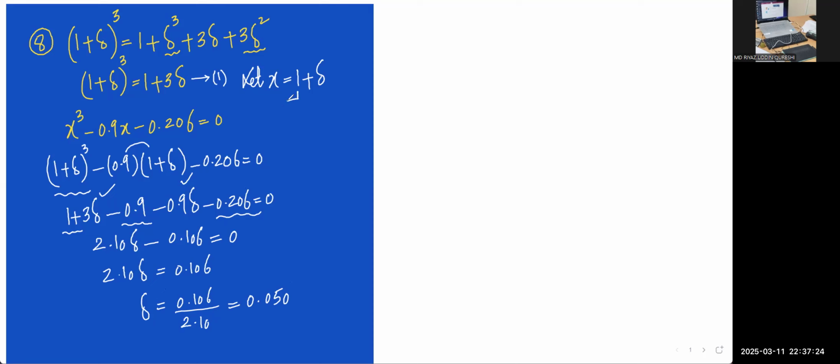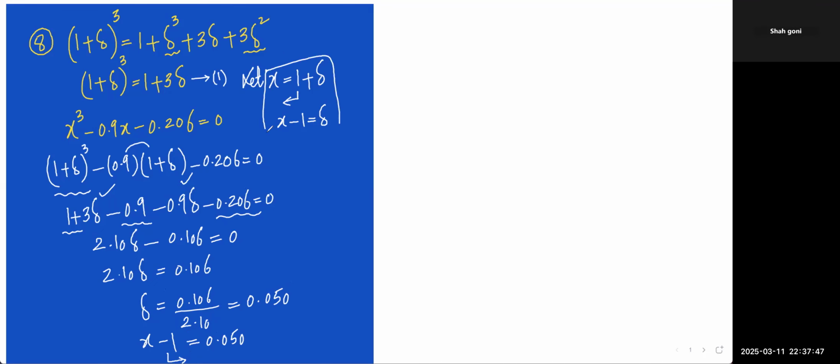Now, if you bring that side, x minus 1 becomes delta, no? In place of this delta, I can also write x minus 1 is equal to 0.050. How did you get x minus 1? This relation we have now. Then finally, what is x? The negative becomes positive.